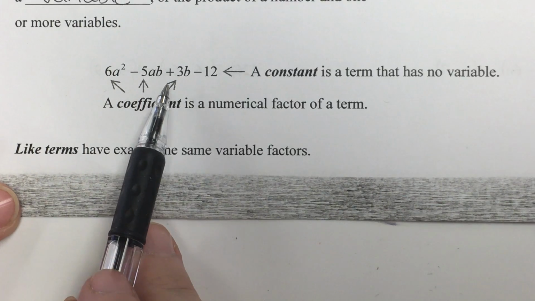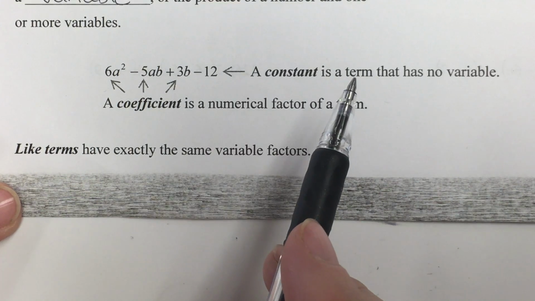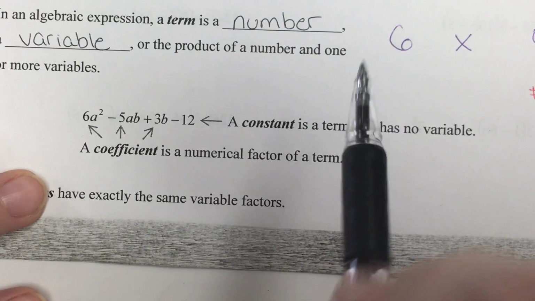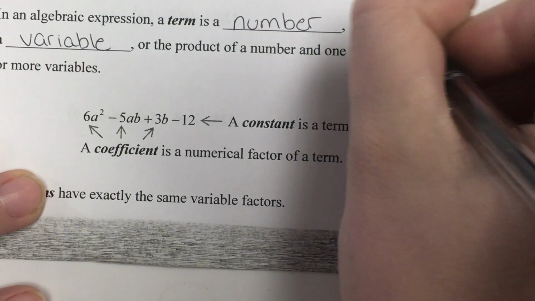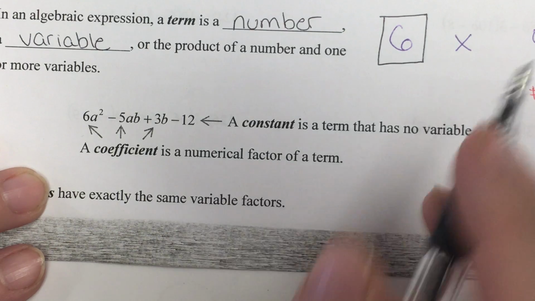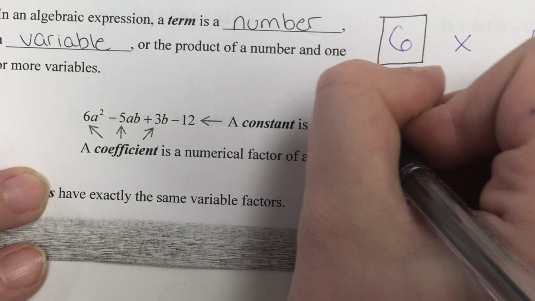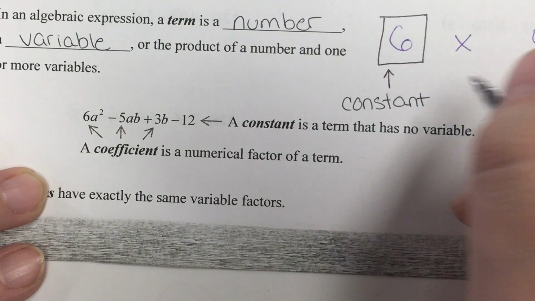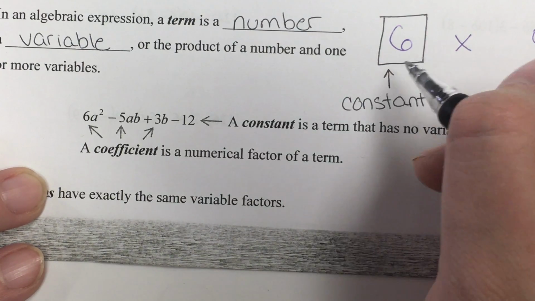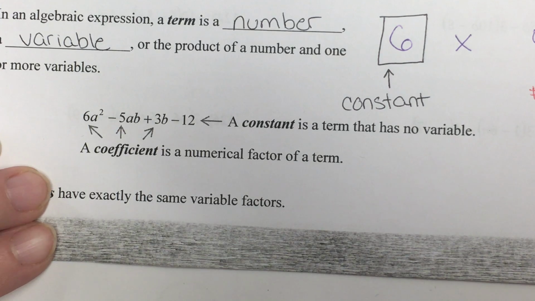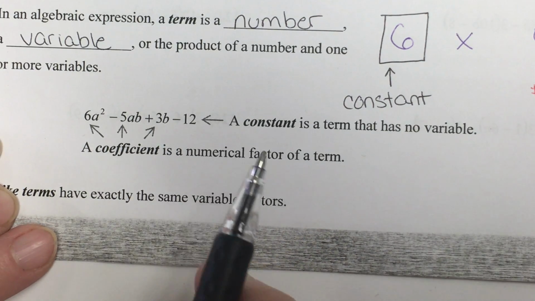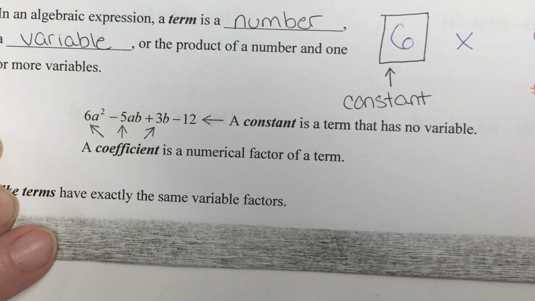Okay, so any term that does not have a variable, such as this 6 right here, is called a constant. So he's alone, he's constant, nobody's with him, okay? A coefficient is, listen to this, a numerical factor of a term. What does that mean?